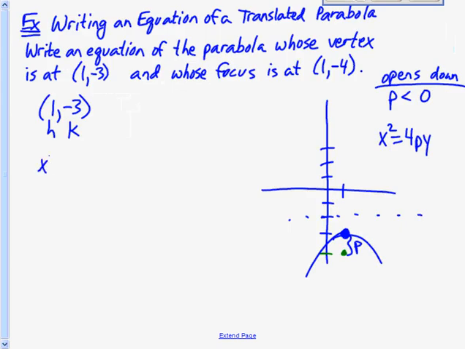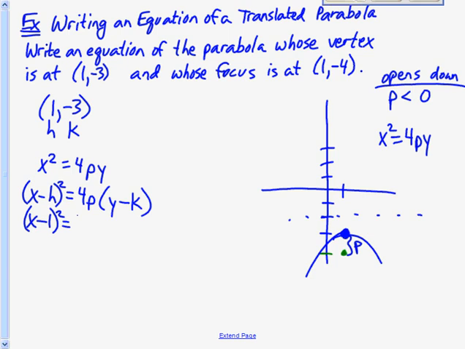Instead of the origin, we're moving that (h, k), that vertex, around. So what's our h? Well, our h is 1. P we don't know yet; we've got to find our p. We do know our k is -3, so it looks like we get that y plus 3 right there. Now we've got to solve for p.